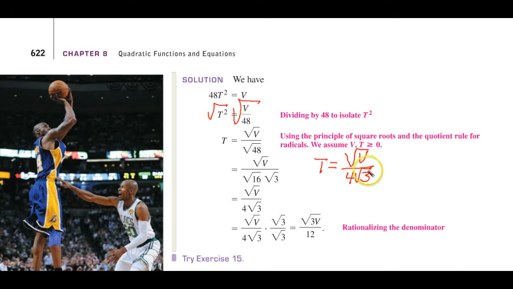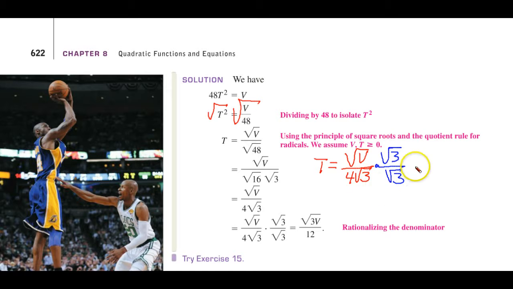Now what we have to do is rationalize, because they don't want a radical left in the denominator. So what we're going to do here is multiply this by the square root of 3 over the square root of 3.